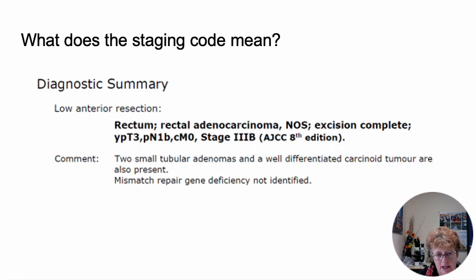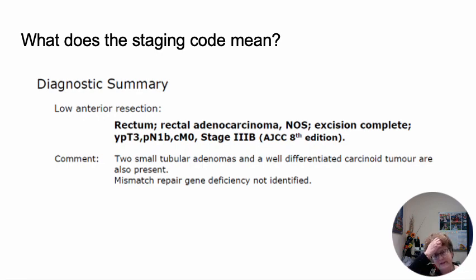But then P, the pathologist says the nodes are a 1B. So a 1A is 1 to 2 nodes, and a 1B is, I think, 3 to 4 nodes. So we have several lymph nodes involved. The C means clinical. So the clinical investigations showed that there were no metastases, M0. So that is a stage 3B under the AJCC 8th edition classification.